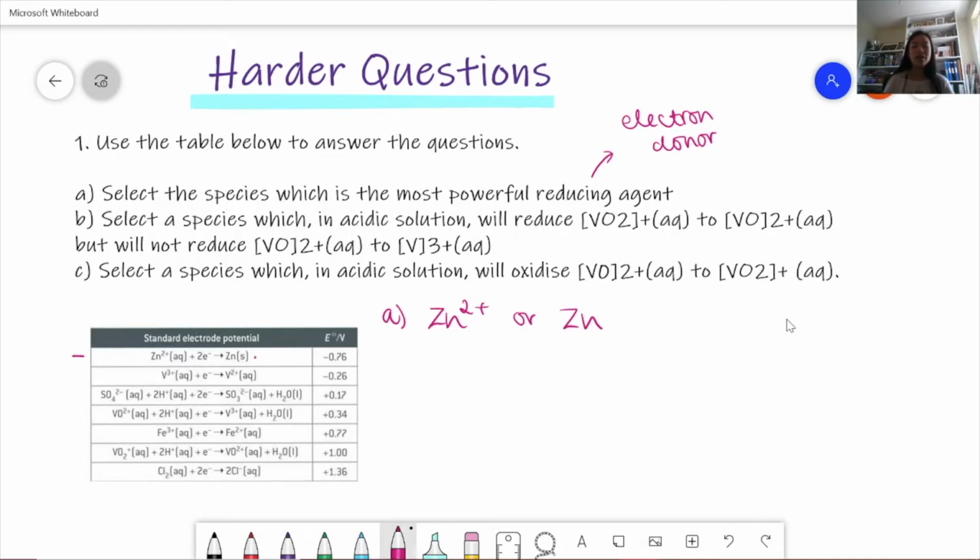However, zinc has to lose electrons to form Zn2+, and that means that the reducing agent in this half cell is the zinc, because we have the half equation Zn goes to Zn2+ plus 2 electrons. So these 2 electrons are getting donated to the thing that it's reducing, the other half cell. And so our most powerful reducing agent is zinc.